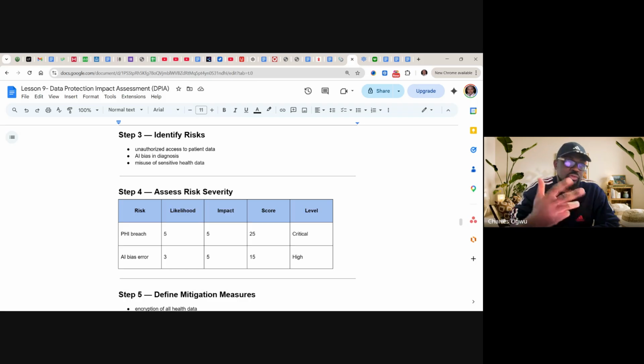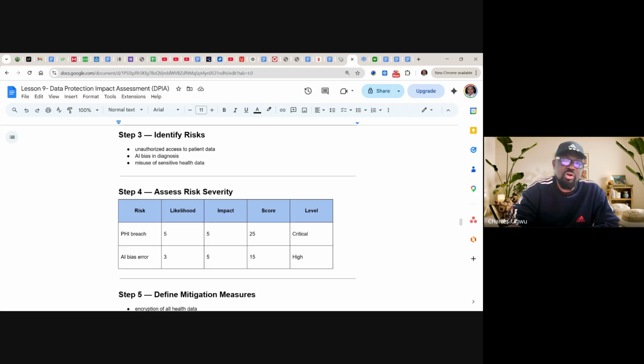So we've done this so many times. We say likelihood is 5 and impact is 5, and the score, the severity level, the risk level, is the risk score.